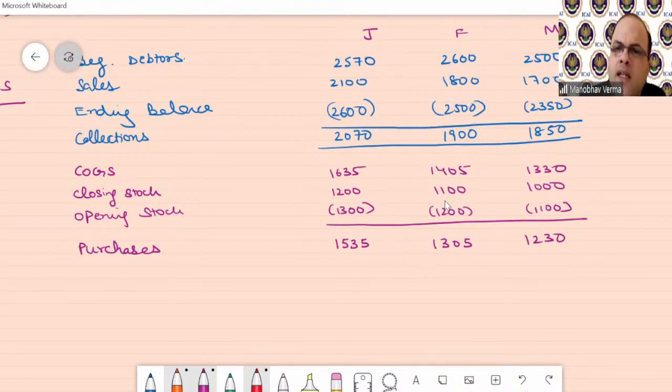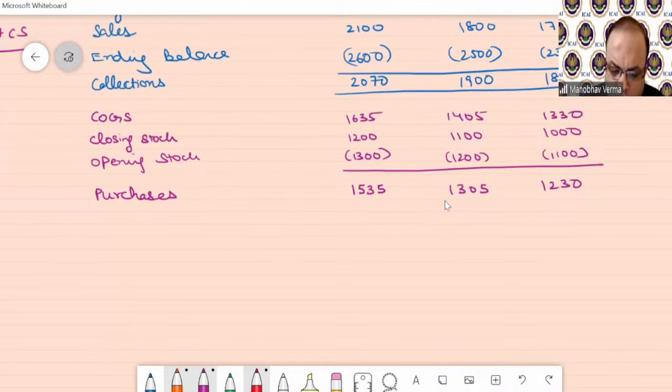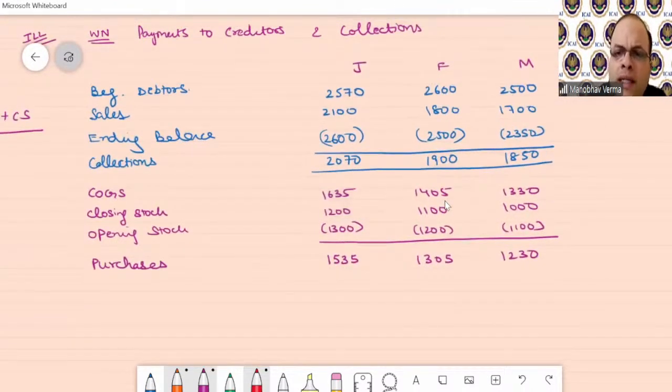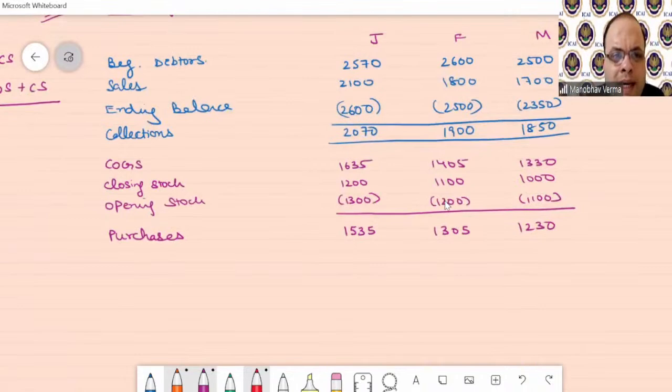Once we have purchases, I think then it becomes a pretty straightforward job to quickly calculate the payments. So we have purchases. I guess we need to quickly see what will be my beginning creditors.